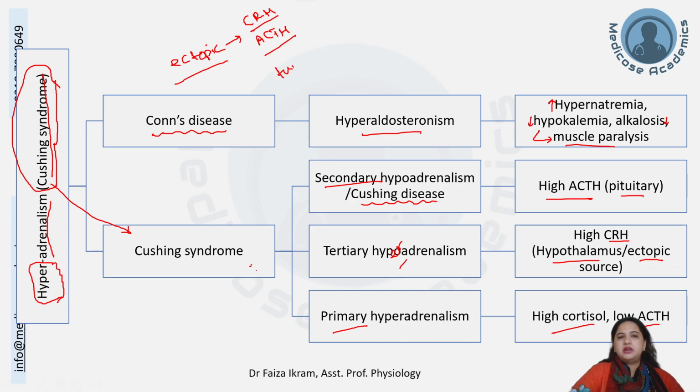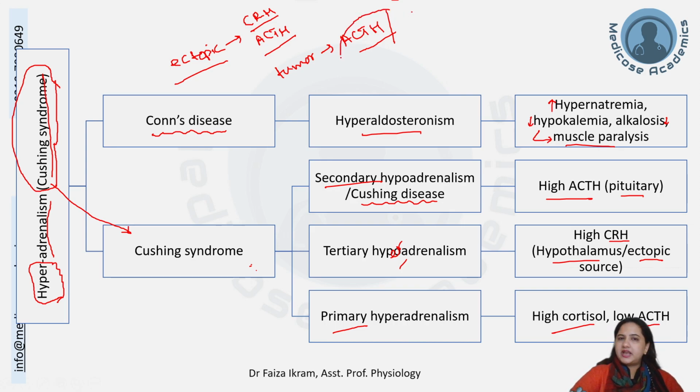For example, a lung tumor can lead to ectopic production of ACTH. Hypothalamus is fine, pituitary gland is fine, adrenal gland is fine, but a tumor is ectopically producing ACTH that will lead to excessive cortisol production, and that will be hyperadrenalism. And this you will fit into the secondary causes of hyperadrenalism.